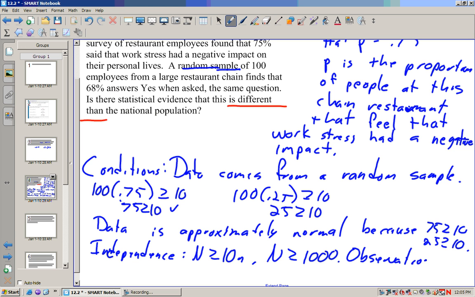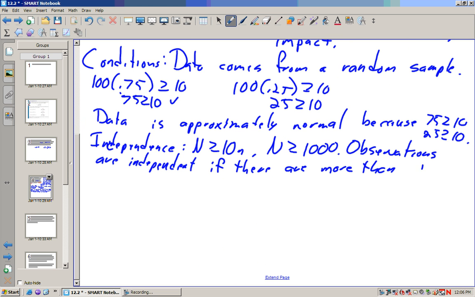Observations are independent if there are more than 1,000 workers at this restaurant chain. Hopefully there aren't, so we can assume that everything's independent.